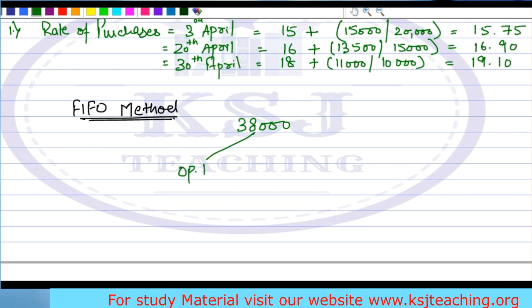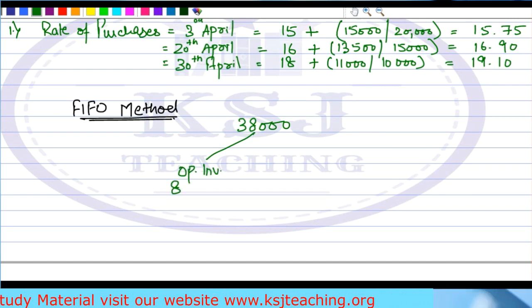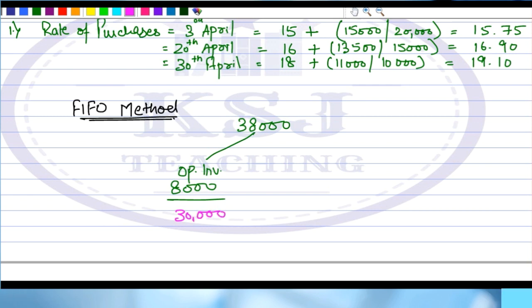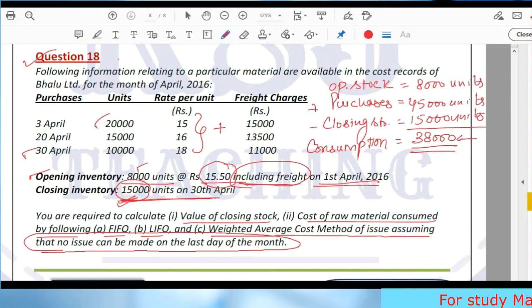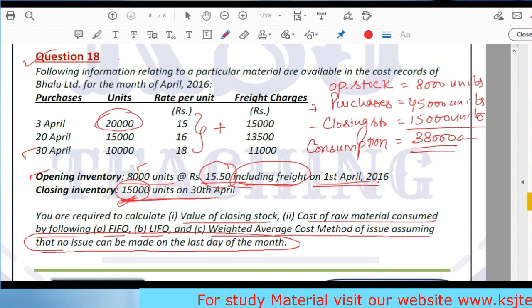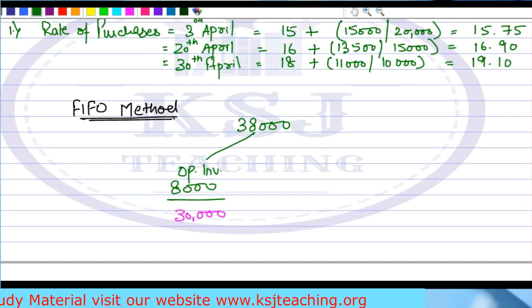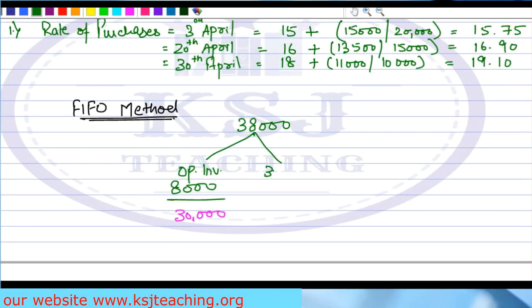What is left here now? What is left here is 30,000. Now how to utilize this 30,000? Next, we'll issue from the purchases of 3rd of April, that is 20,000 units.